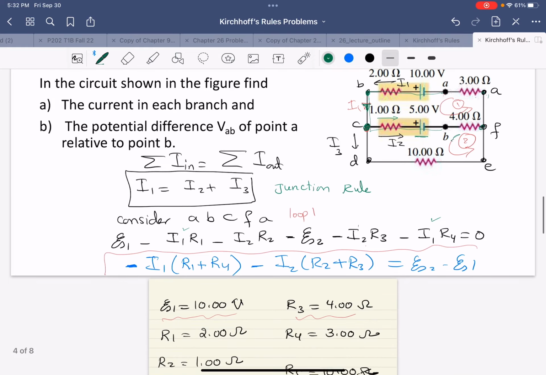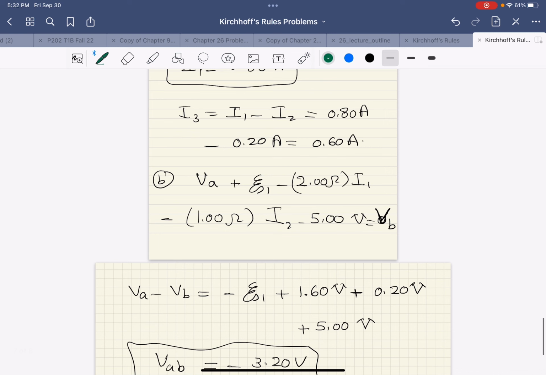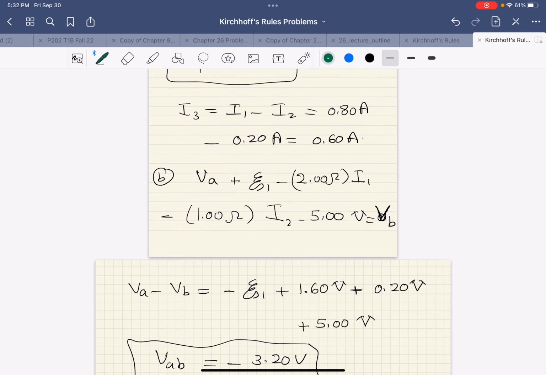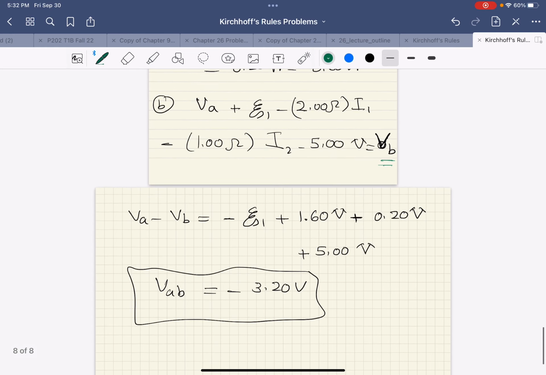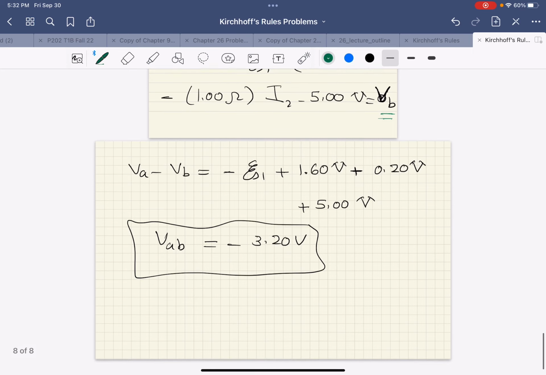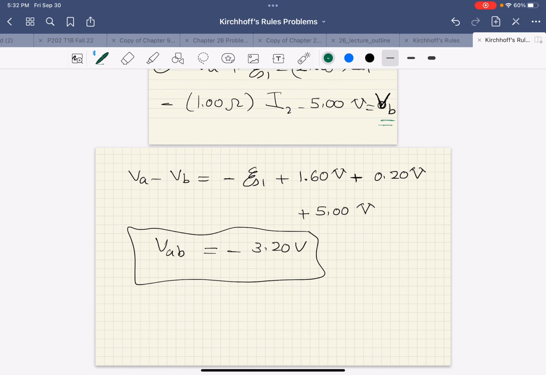What I did was say VA plus EMF, minus 2 times I1, minus 1 ohm times I2, minus 5 volts, equals the voltage at B. You are applying the same rules, but you start from the voltage at A and end up at the voltage at B, and from that I was able to calculate VAB as -3.2 volts. This is for Kirchhoff's laws.